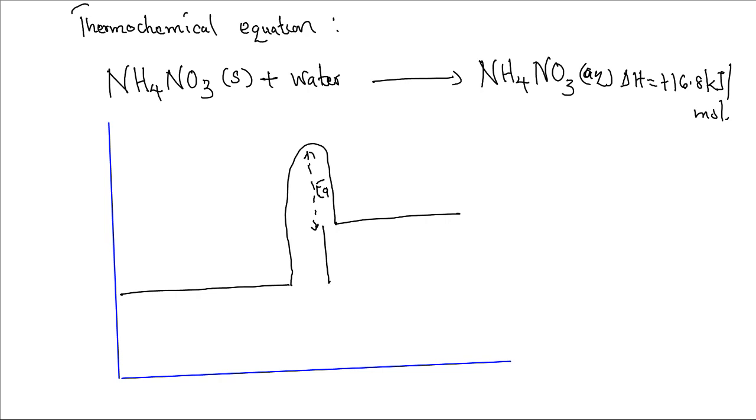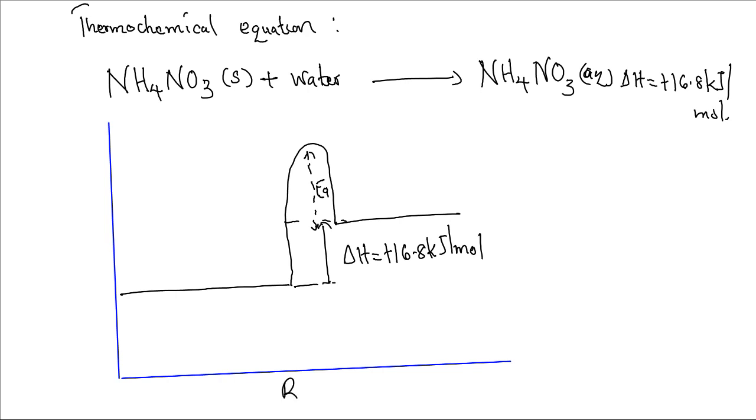So that gives a delta H value of plus 16.8 kilojoule per mole.